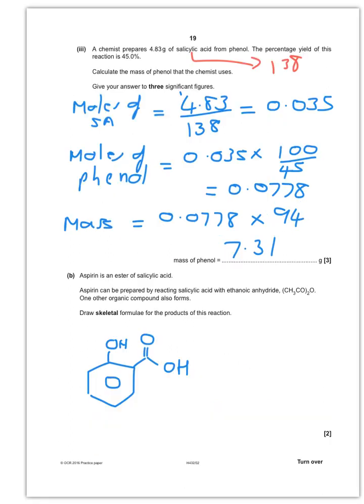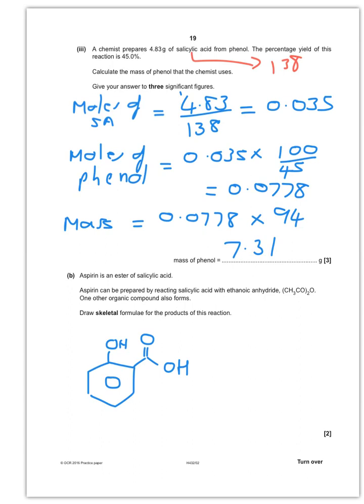So I'm now doing a percentage yield calculation, or using percentage yield rather. I'm going to prepare 4.83 grams of salicylic acid from phenol, and the percentage yield of that reaction is 45%, so I need to calculate the mass of phenol that we need to start with. First of all, same old, you work out your moles of salicylic acid, which is mass over molar mass.